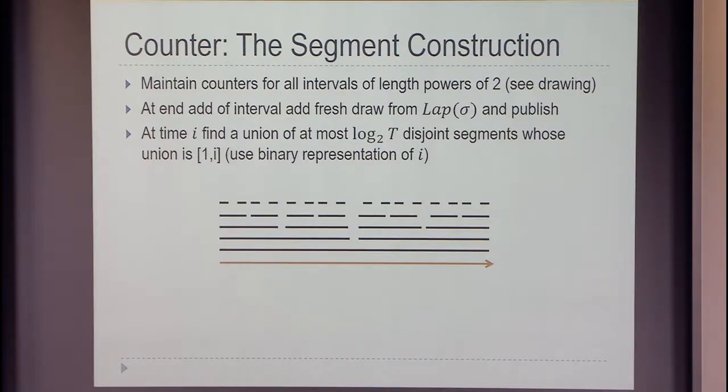And at any time I, to answer how many ones there are in the count in steps 1 through I, we're going to find a union of at most log t disjoint segments, where t is total time, whose union is that interval. And we can use the binary representation of I to do this.